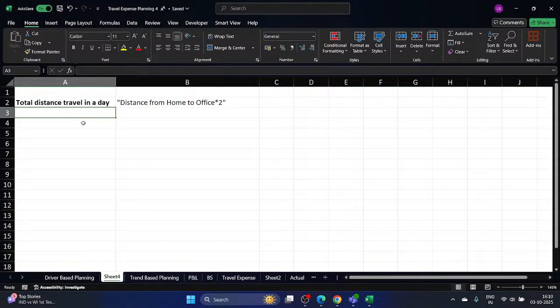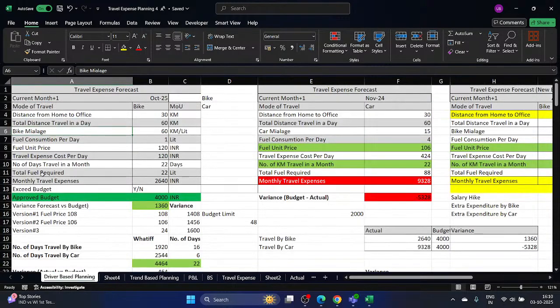Yes, total distance traveled in a day, here the distance from home to office. The bike mileage would also be one driver.